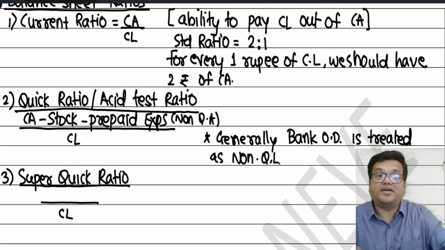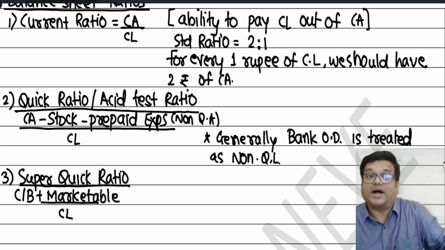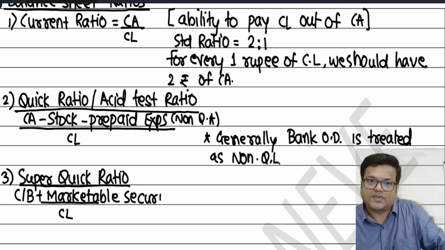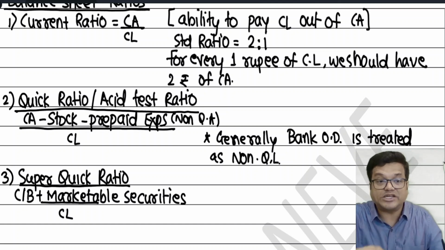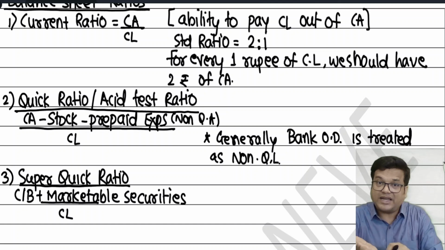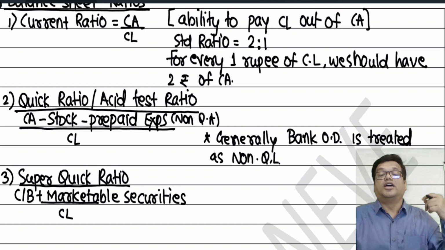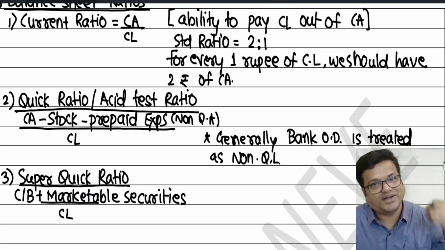But in the numerator, I'll just take cash bank plus marketable securities. What I can do with them, I can quickly convert them into cash. My ability to pay my current liabilities on the spot: cash bank balances plus those marketable securities, which can be quickly converted into cash.